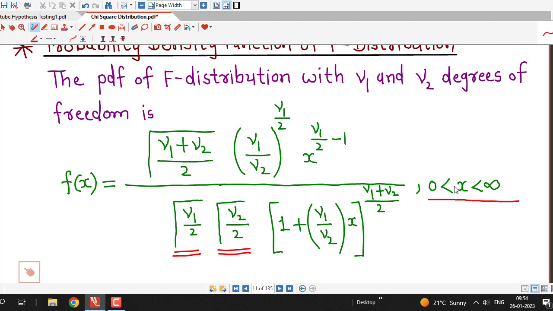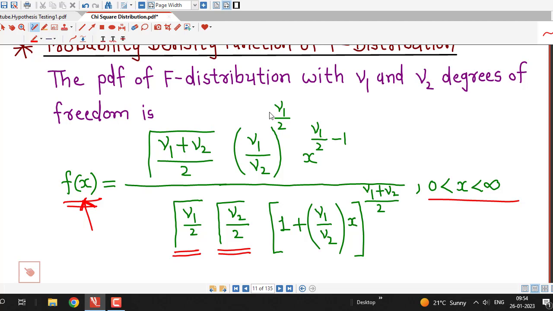This is for x positive, and if x is less than or equal to 0, we consider this PDF equal to 0. So the value of this function depends on nu1 and nu2 degrees of freedom. For different values of nu1 and nu2, the graph of this PDF will be different.